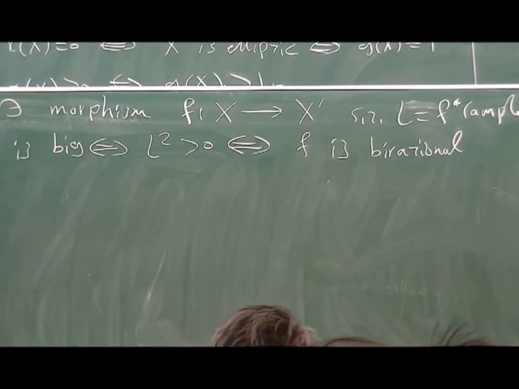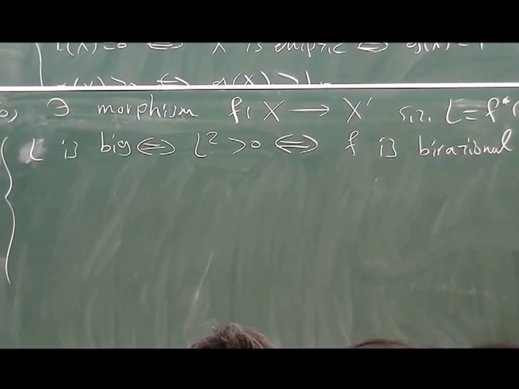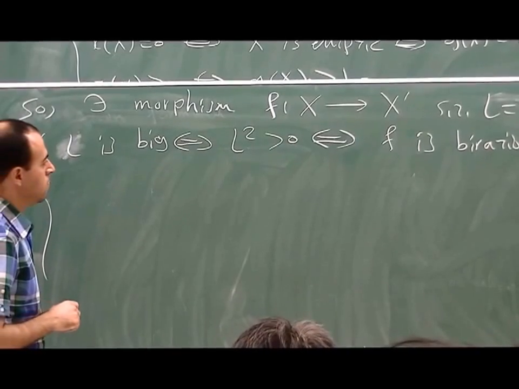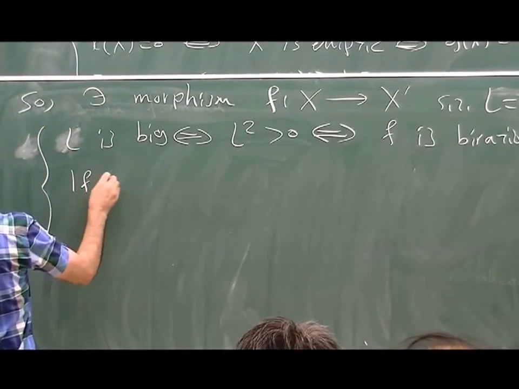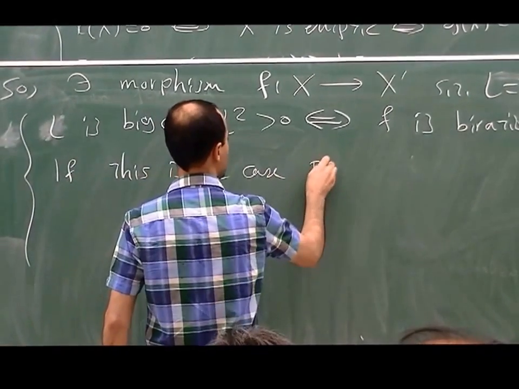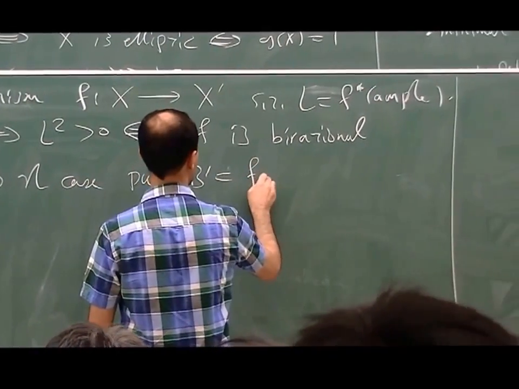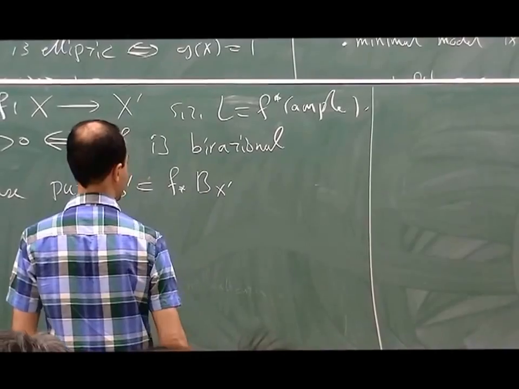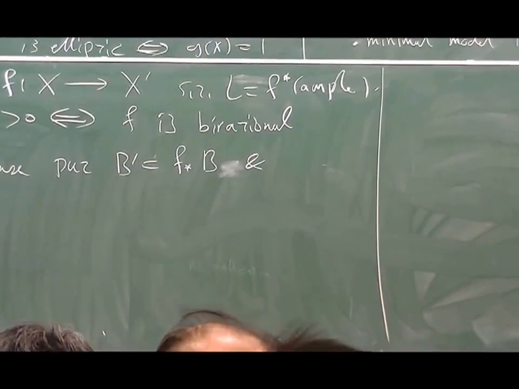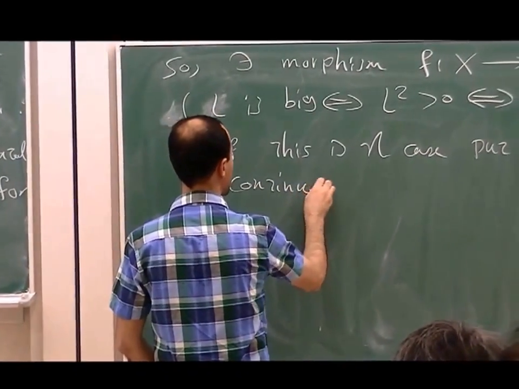And because we are on a surface, a birational morphism just collapses finitely many curves to points and leaves the rest of the variety intact. So if this is the case, I will put B prime to be equal to the push down of B, and I will apply the same kind of arguments to my new pair.